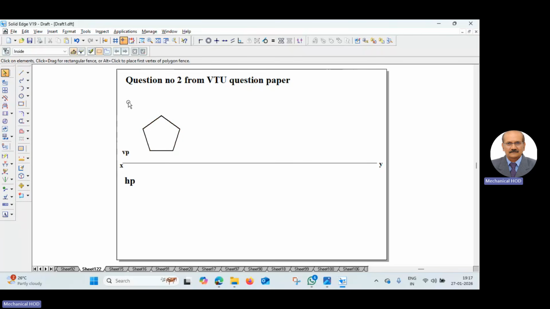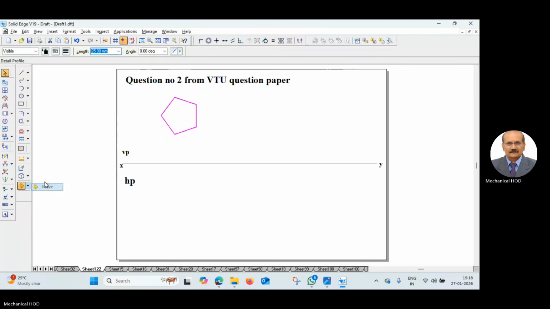Because this lamina is resting on a corner on VP, we have to keep it above the XY line. Since the corner is resting, we'll rotate it such that the corner comes to our left side, like this. Keep it here properly.